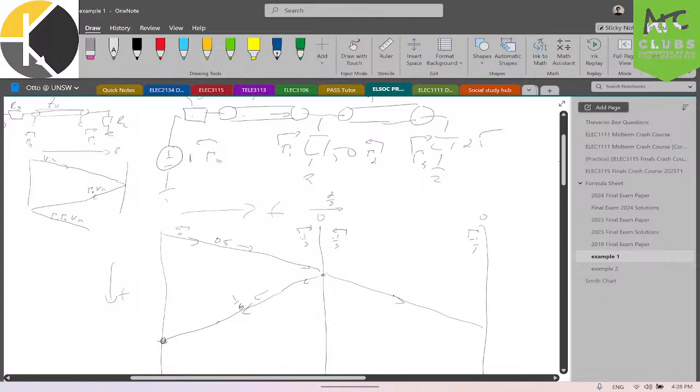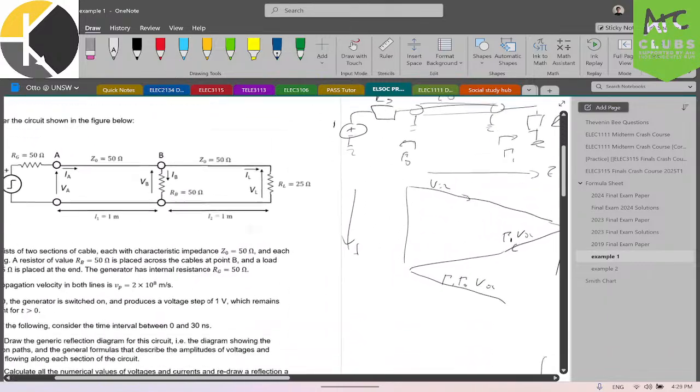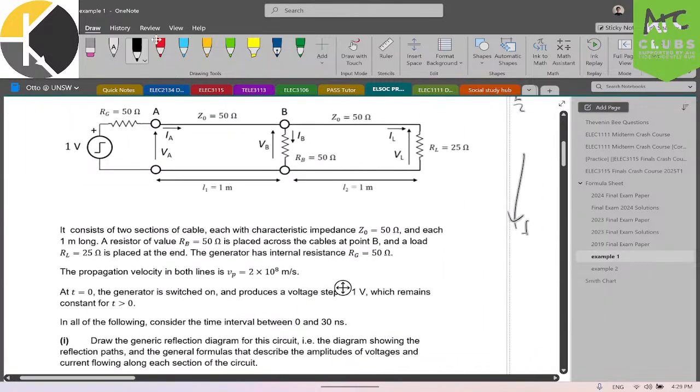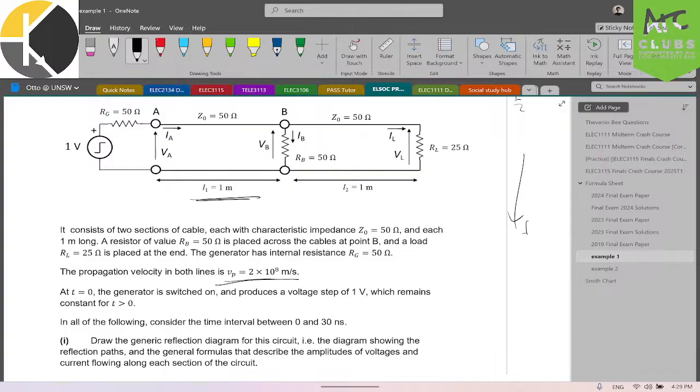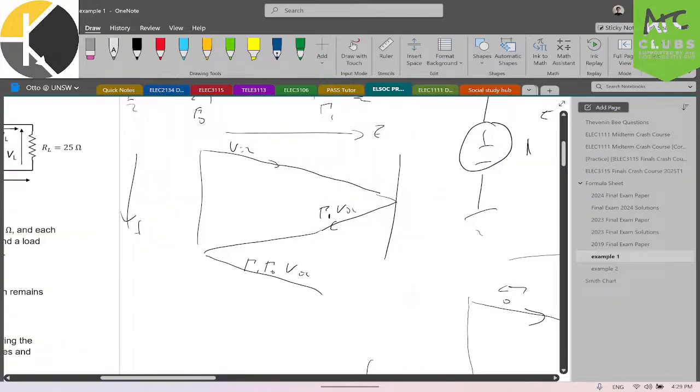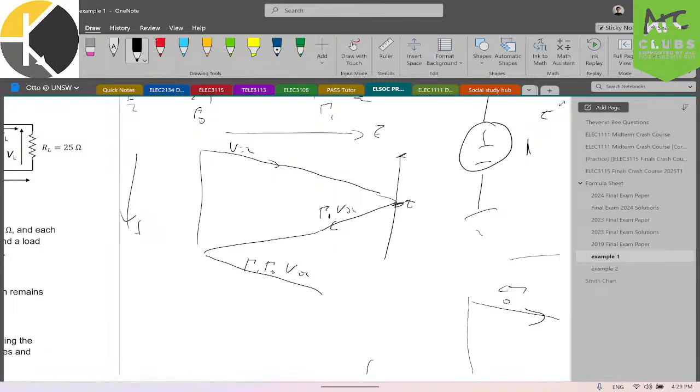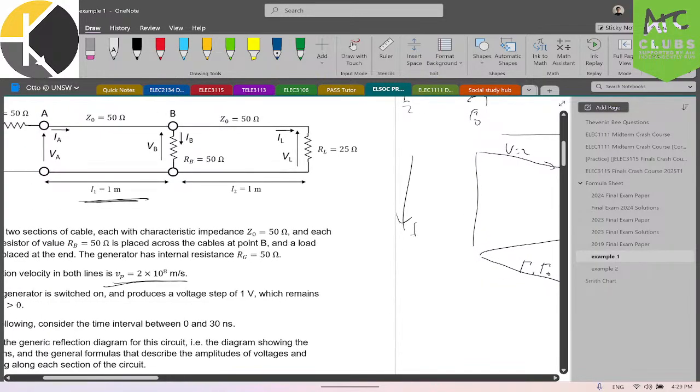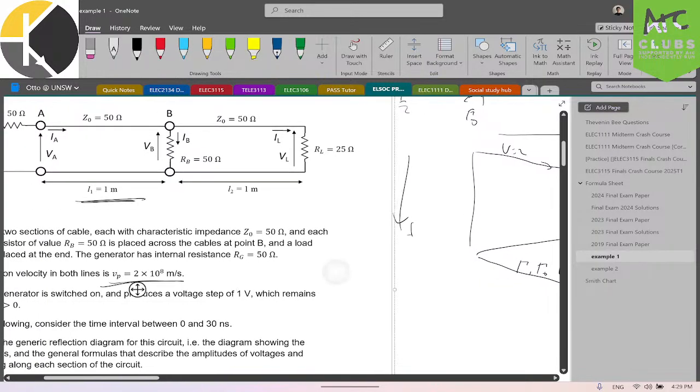Actually, I think I skipped part of the question accidentally, which is going to be quite important. It gives you propagation velocity. And it gives you length of cables, 1 meter. From this you can derive the time delay of the cable. So this time delay is this time step. Tau is the time delay of propagation for each cable, which can be found as just length over velocity.